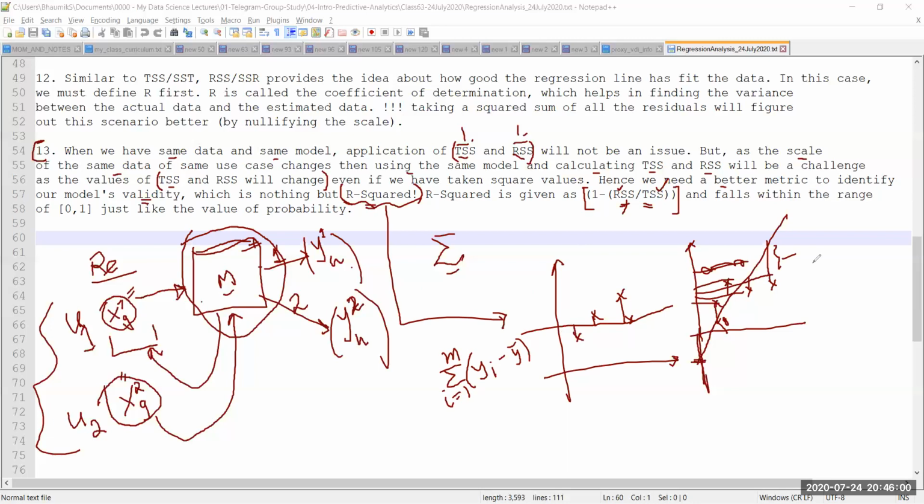But in case of RSS, it was the sum of y(i) minus y(i) hat, where i is equal to 1 to m, right? So this is TSS and this is RSS.